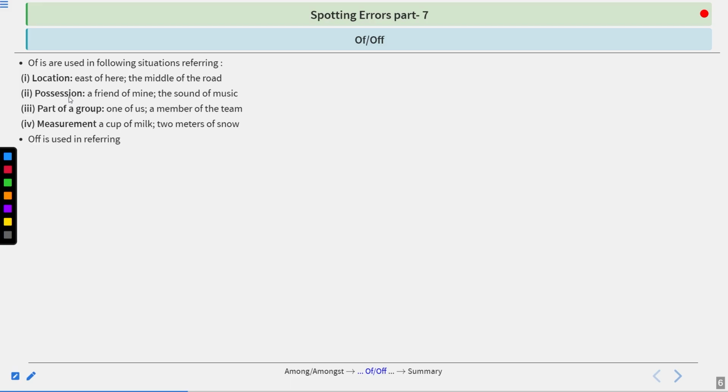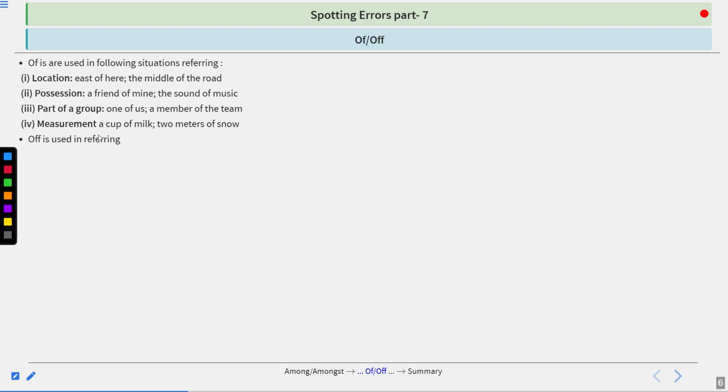In the second, of refers to position, a friend of mine. There are so many friends and he's one of them. Part of a group, one of us: us refers to a group and one refers to a part. Member refers to a part and team refers to a group. Measurement: we have measured milk with the help of a cup, a unit, 2 meters of snow.